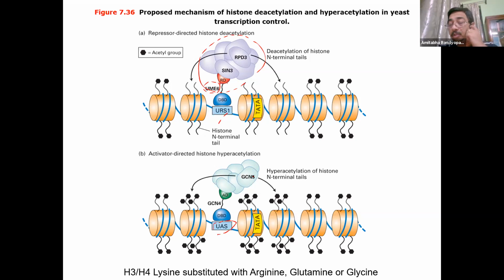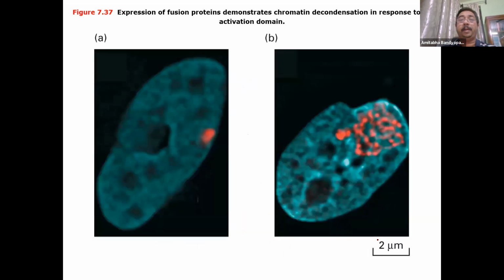And then the histone gets hyperacetylated, and you get transcriptional activation. So the importance of the charge on the histone can be verified using this kind of amino acid substitution in the place of lysine in the histone. Okay, so I hope you got that part.